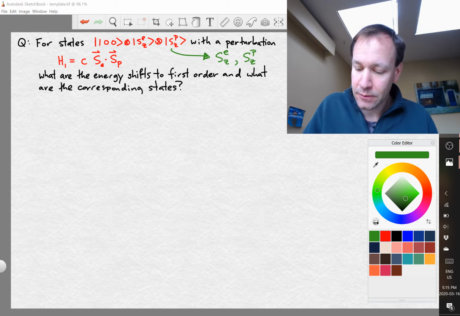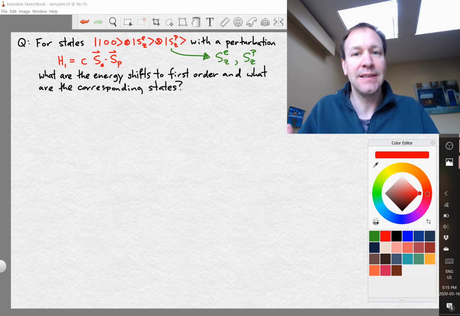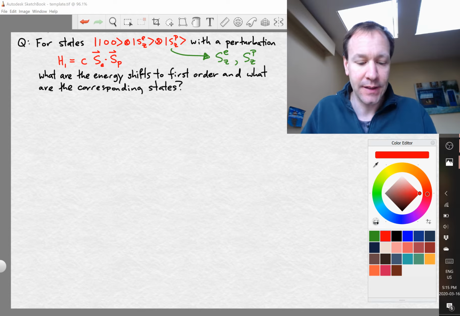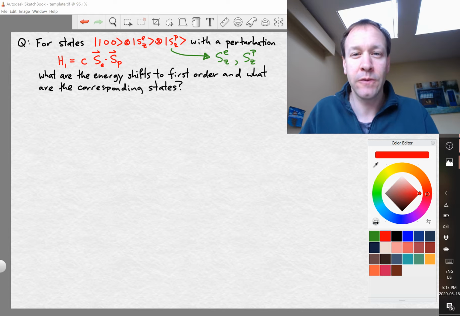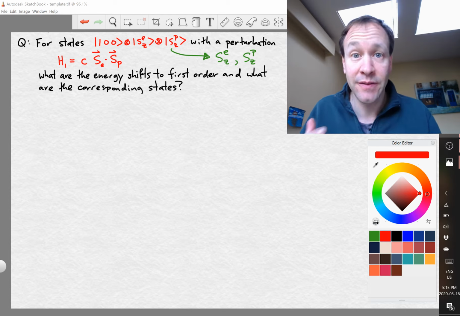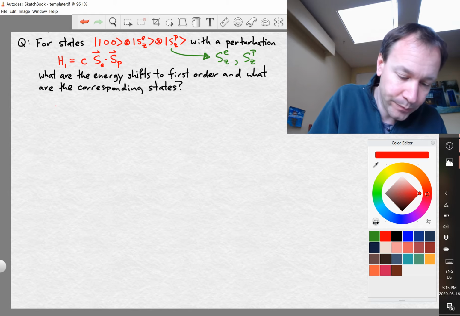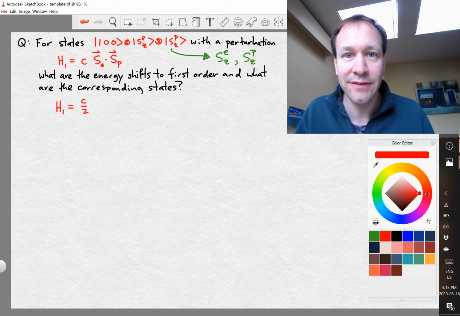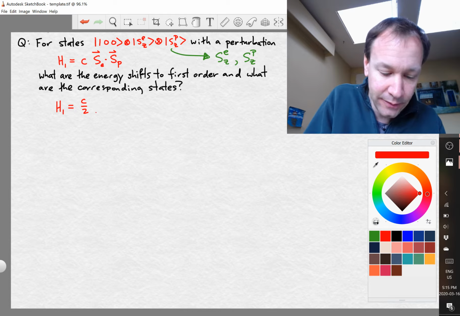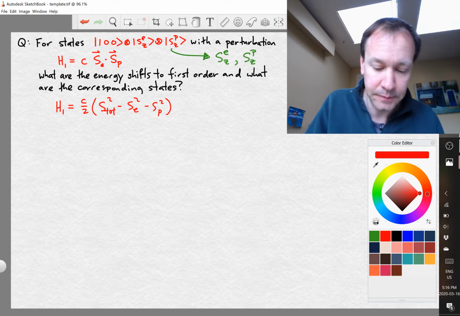In order to easily compute the matrix elements of this Hamiltonian, what we can do is realize that there's a nice way of rewriting that Hamiltonian in terms of the total spin operator. So what we can say is that this H1, we can alternatively write as C over 2 times S total squared minus S electron squared minus S proton squared.